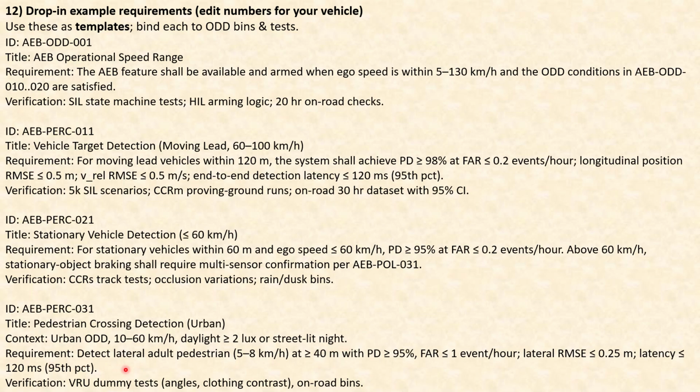Next is the requirement: detect lateral adult pedestrians at 5 to 8 km per hour, greater than 40 meters, with a probability of detection greater than 95%, FAR less than or equal to 1 event per hour, lateral RMSE less than or equal to 0.25 meters, and latency less than 120 milliseconds.